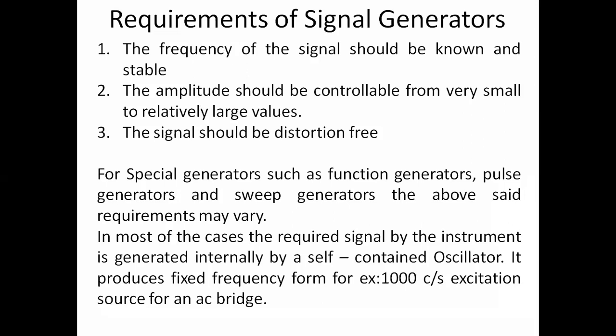That should be produced, and it should be stable. The generated waveform should have a frequency of 20 kilohertz, and it should maintain the same frequency continuously, so there is no change of frequency in between.